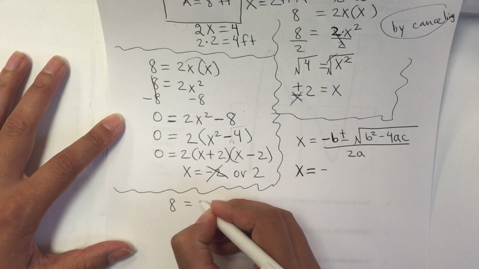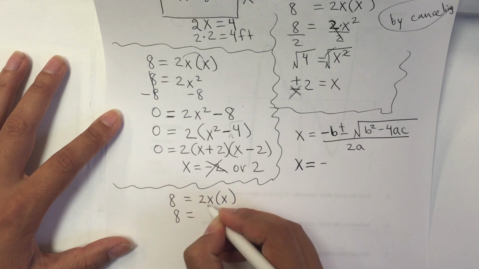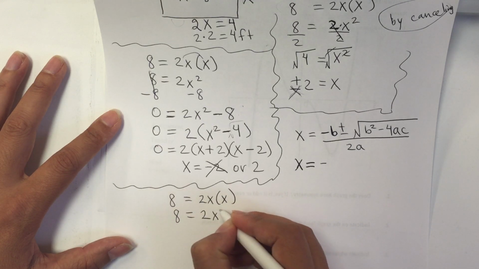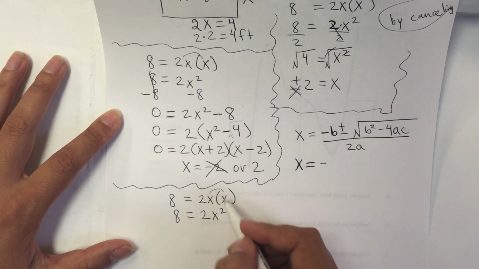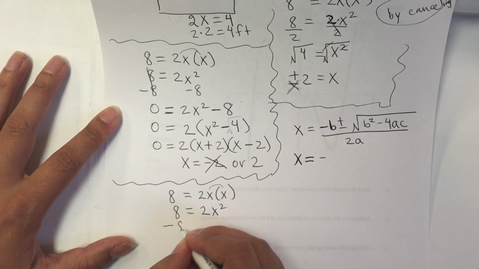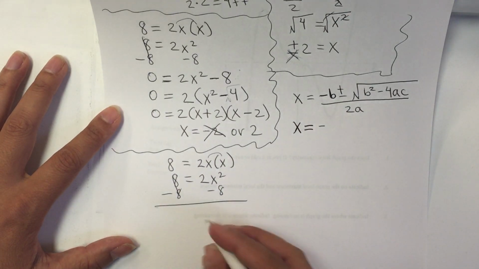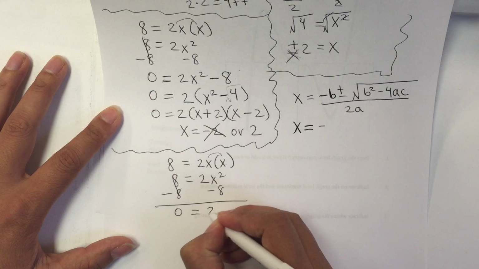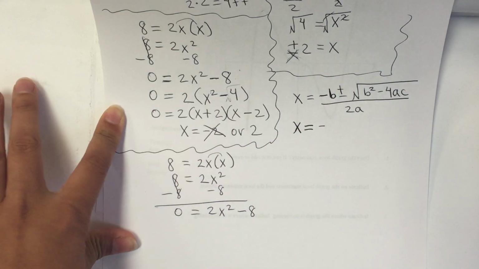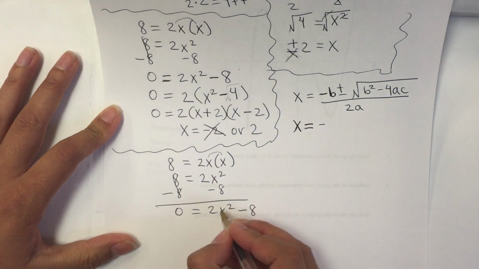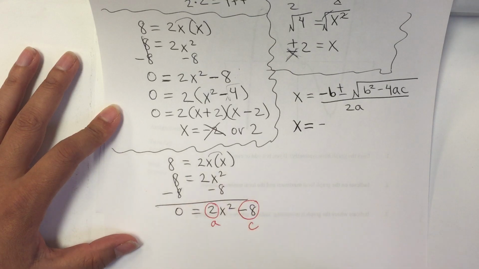So we have the area is equal to 2x times x. 8 is equal to 2x squared, right? It's the area is equal to length times width. I multiply it. I subtract 8 from both sides. And so I have 0 is equal to 2x squared minus 8. Notice that in here, this is a and this is c.